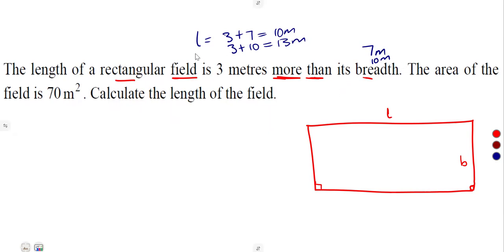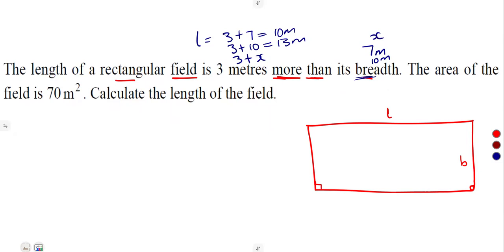So the length depends on the breadth. What if the breadth is x? It means the length is going to be 3 plus x.